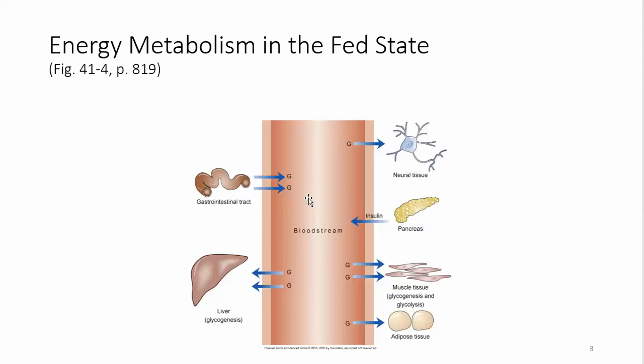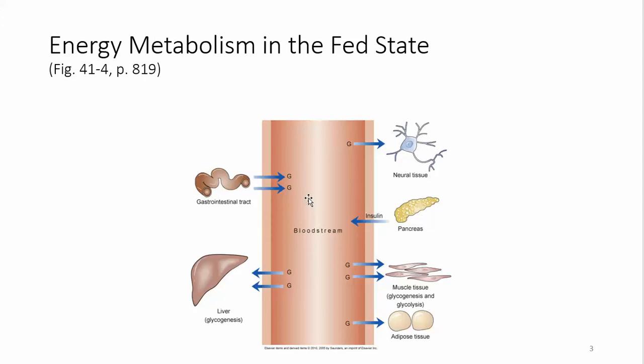The increased blood sugar coming from the GI tract causes the pancreas to release insulin, and insulin makes a couple of things happen. So insulin causes the liver to undergo glycogenesis, to start storing some of this glucose as glycogen. It also goes into adipose tissue.